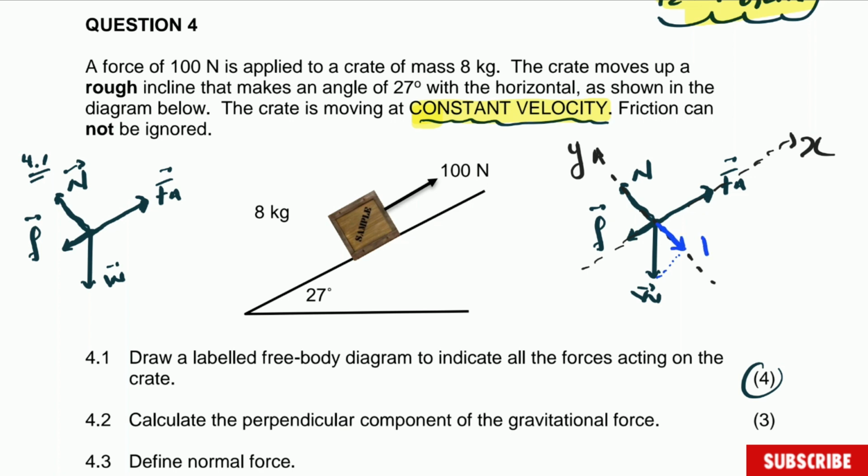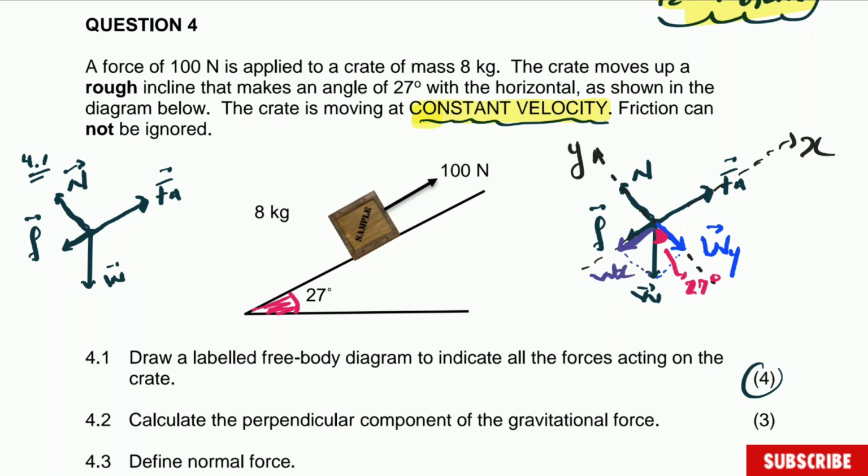This one is weight in the y-axis, guys, and it is important to know that this angle of inclination, this 27 degrees, is going to be this angle here. This one is 27 degrees in this case. Now on the x-axis, this weight is also going to be projected, and I have the weight in x.